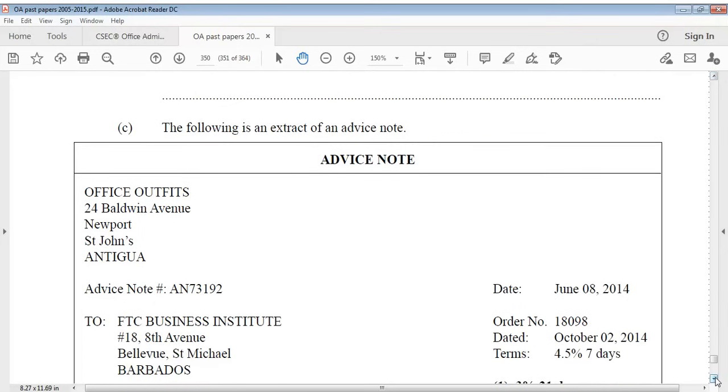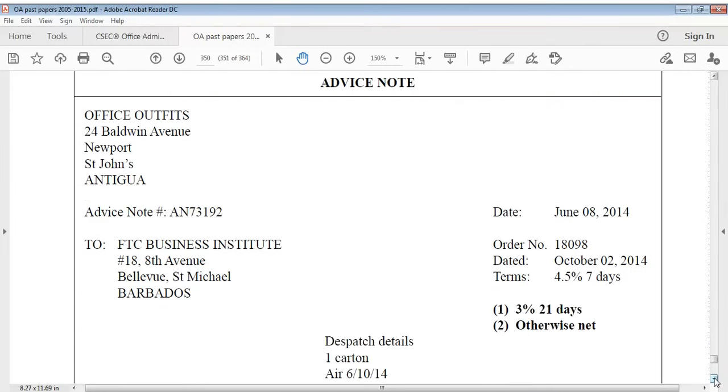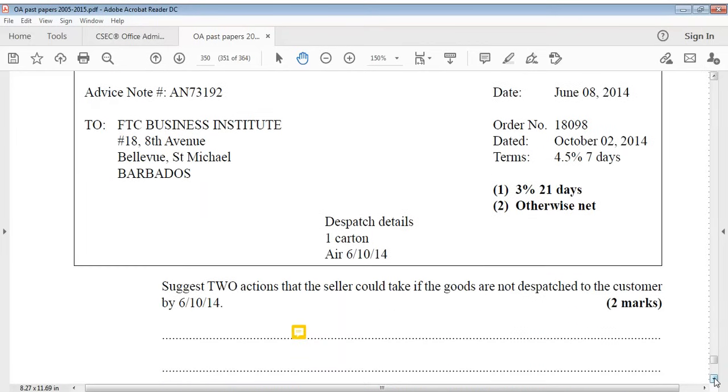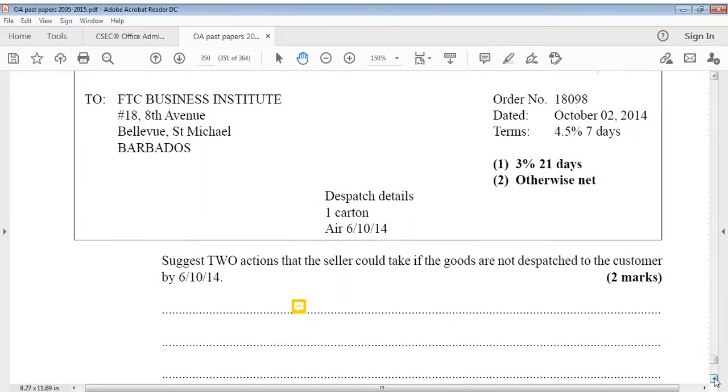We see the office, 24 Office Outfits, 24 Baldwin Avenue, Newport, St. John's, Antigua. We have the advice note number, the date, the order number and the terms, and we have the dispatch details in it. All right, and we have the business they're sending to and their address.